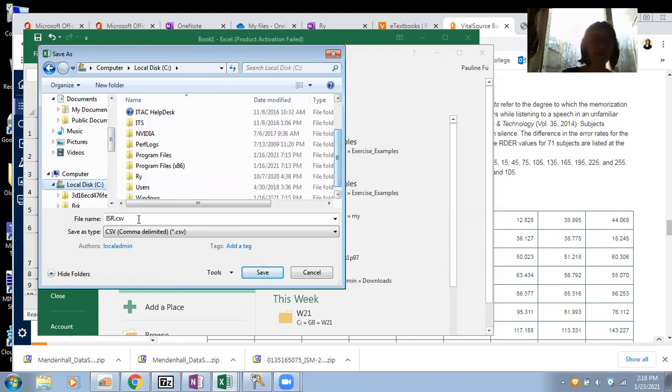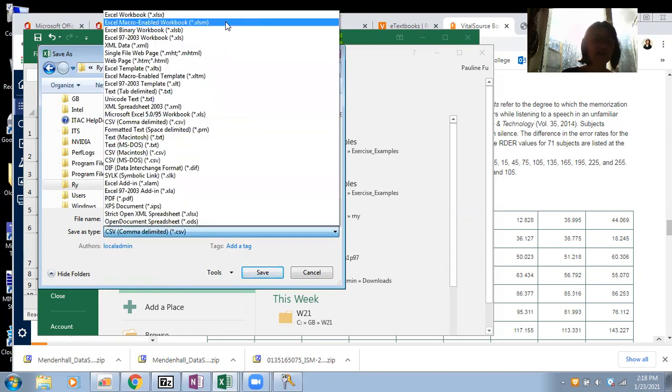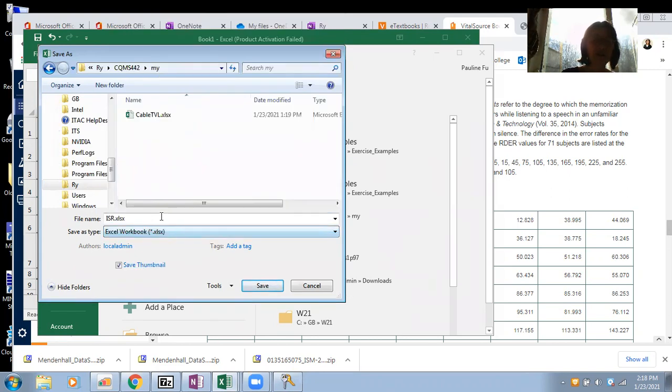C drive, Y442, then mine. So I will save it as an Excel file. And I will attach my name to avoid confusion with the original data file.